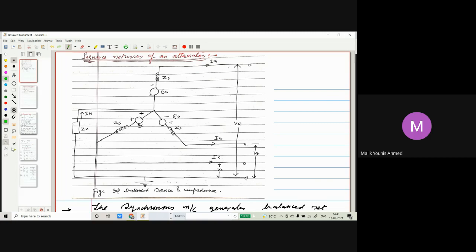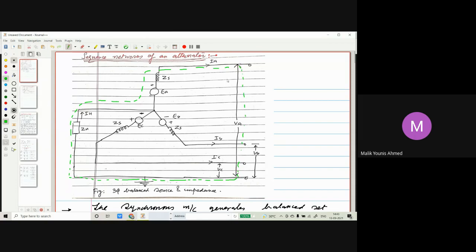The path is like this. It's very simple. We have to come back to the same point. So how can we write the KVL?